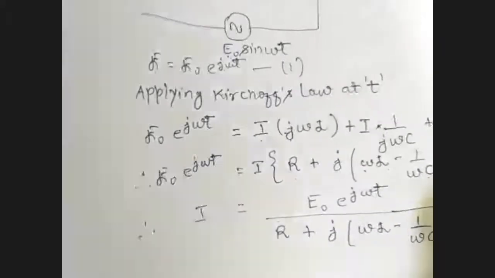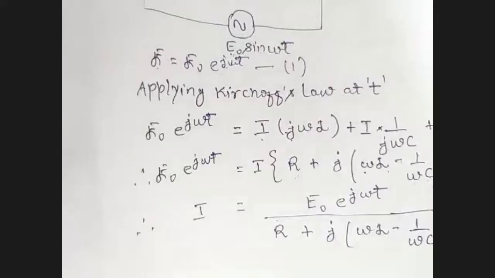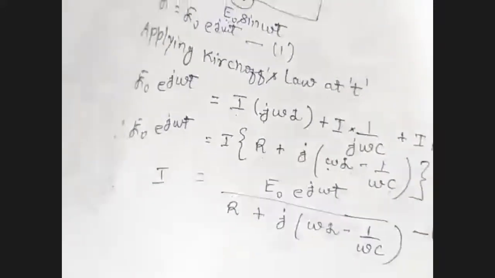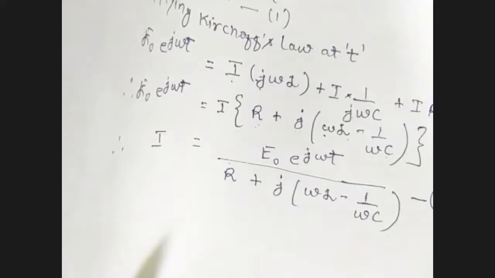Now observe this equation number 2. Numerator is having E0, that is constant, e to the power j omega t. Denominator is complex number, that is R plus j times omega L minus 1 upon omega C. So this is a complex number.